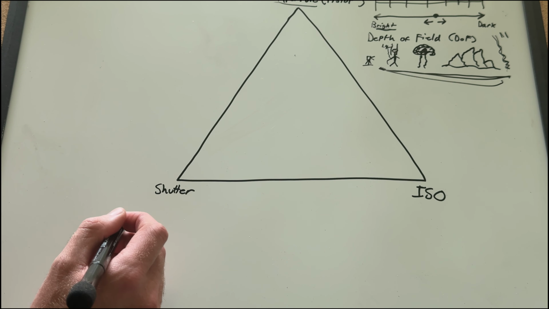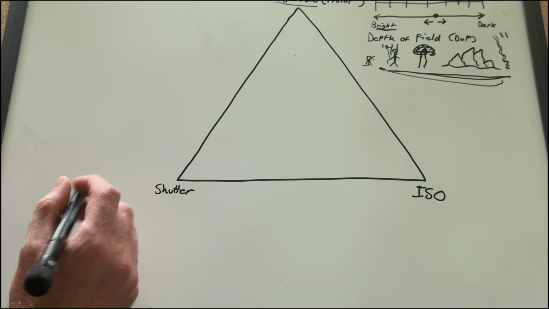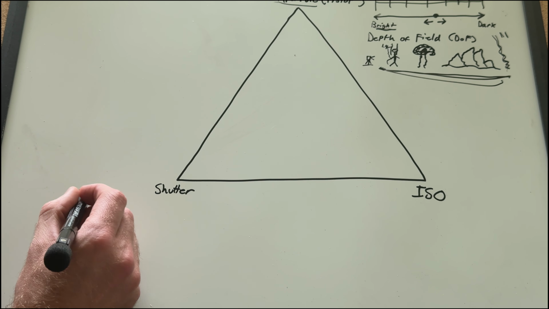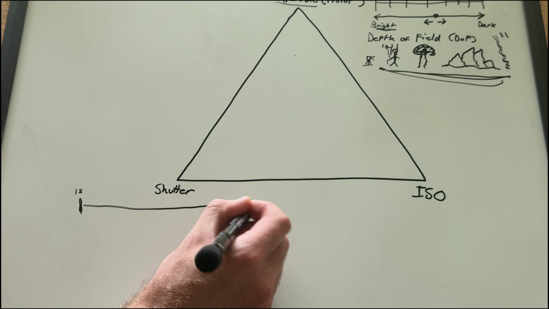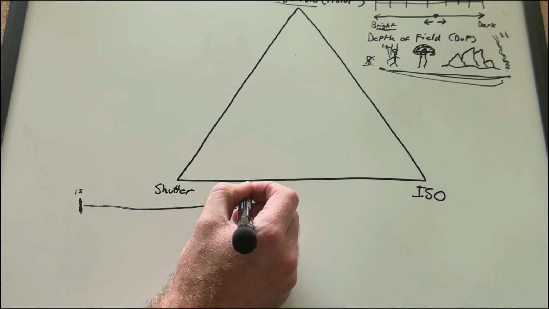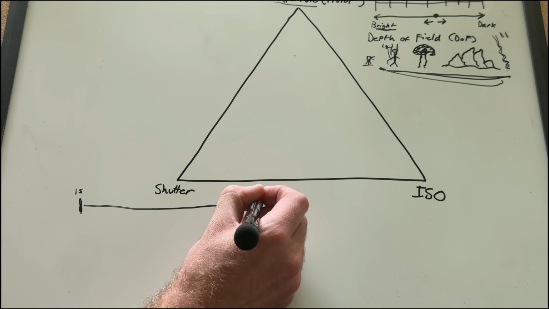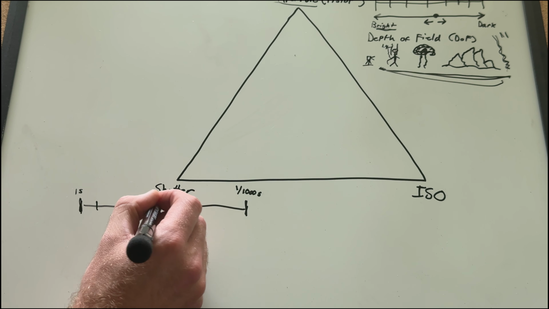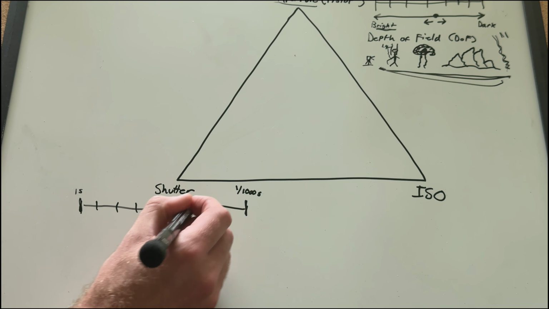So let's say over here is like 1 second, and then over here is 1/1000th of a second. And there's all these different shutter speeds in between.